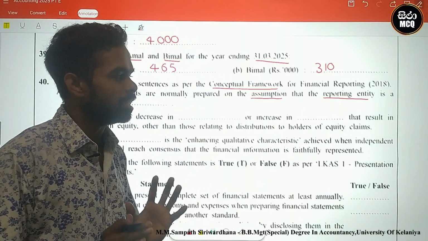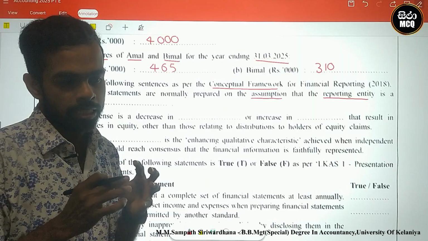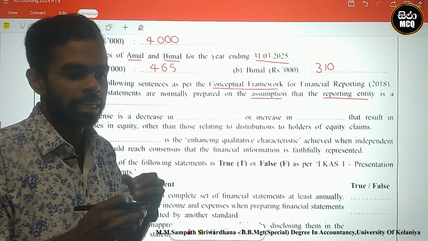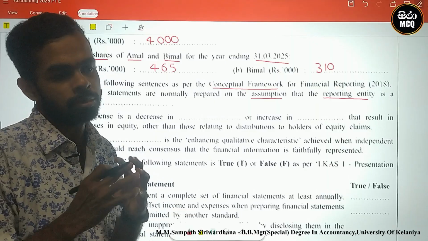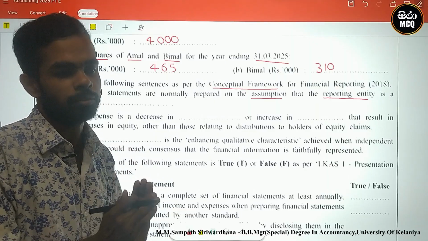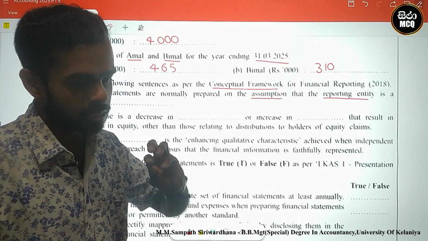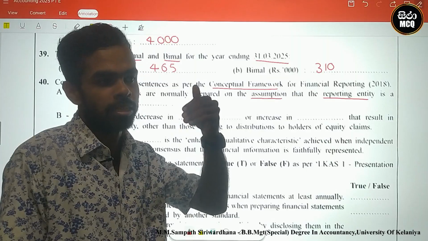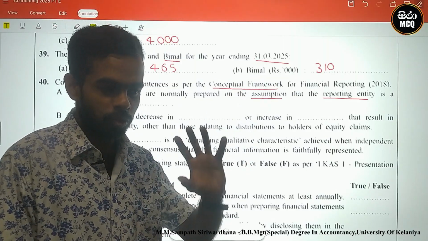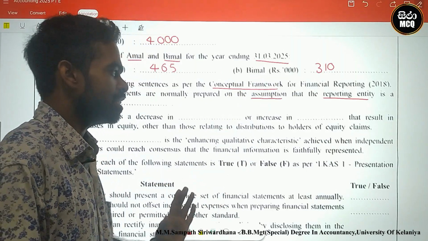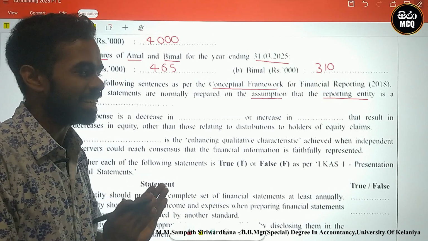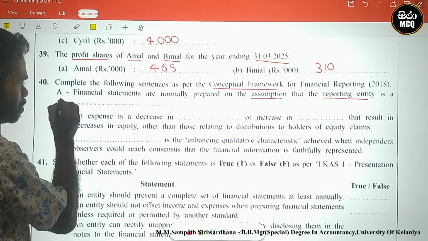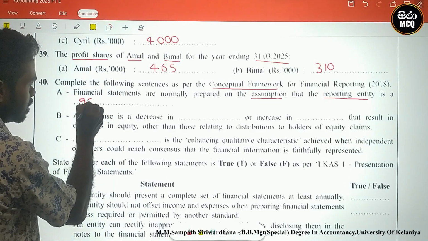The major assumption is that the entity or business should carry on into the foreseeable future. There is no limited future. We must start the business and carry on this business for unlimited years. Let's see what concept this is related to. The word is going concern. This assumption is going concern.